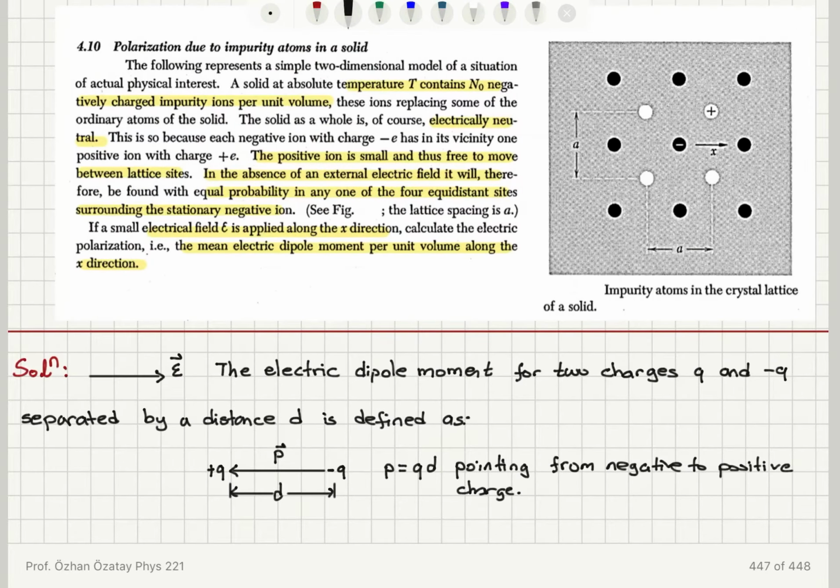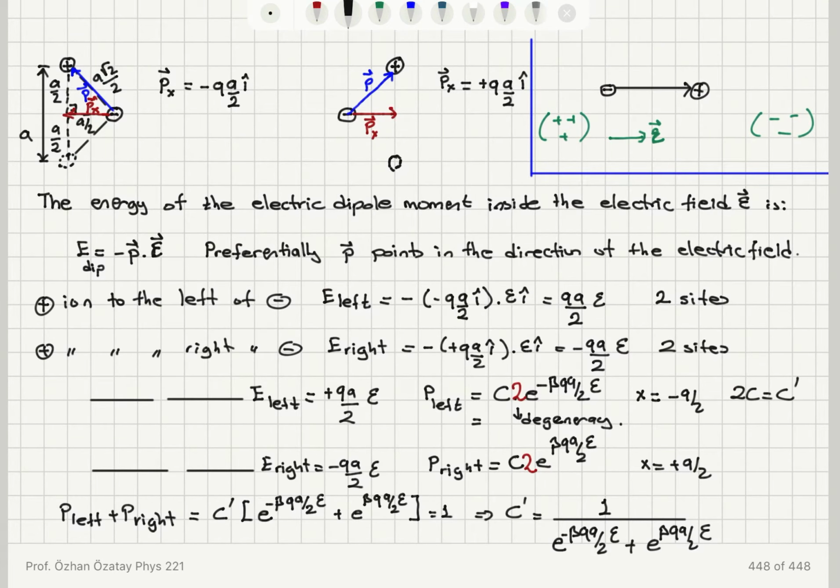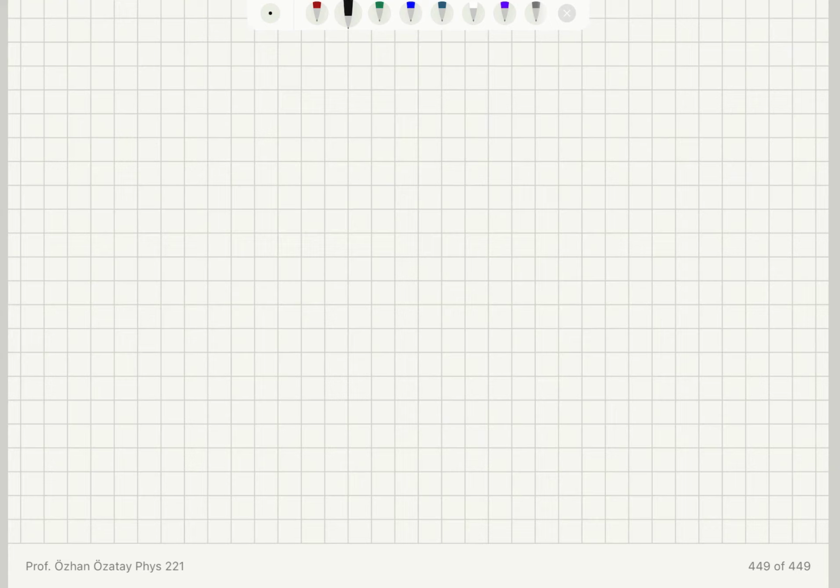So the question was the mean electric dipole moment per unit volume along the x direction. So I can calculate the mean position of the positively charged ion.